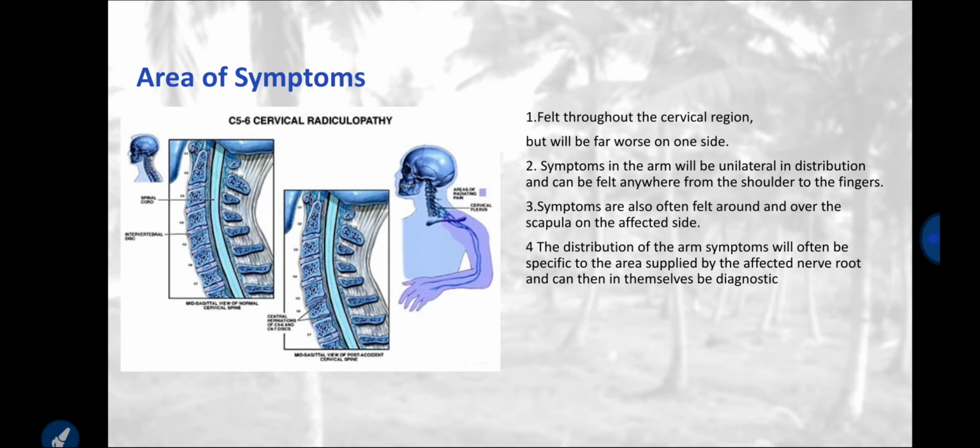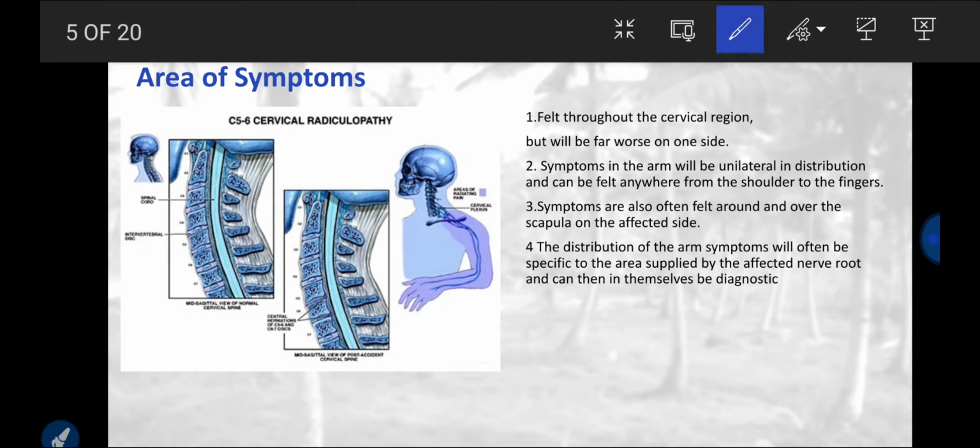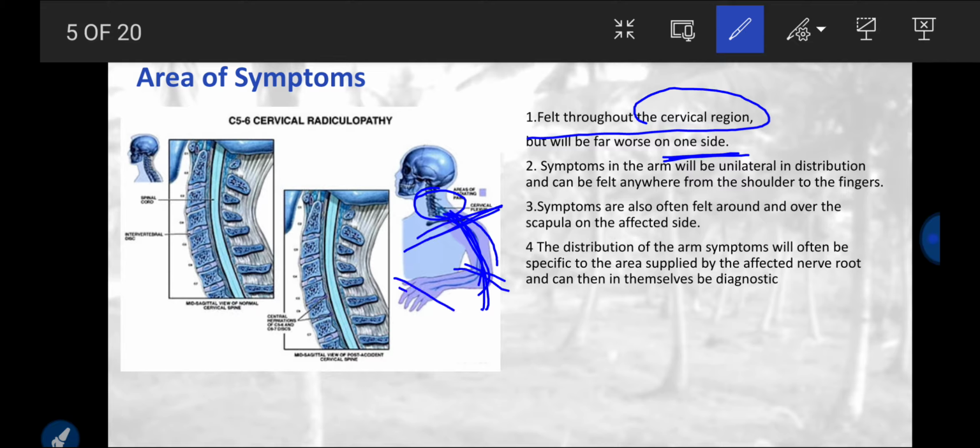And next is the area of symptoms, which is very important. Symptoms are felt throughout the cervical region but are far worse on one side. Cervical region and one side pain. Symptoms in the arm will be unilateral in distribution, one side only, and felt anywhere from the shoulder to the fingers. Symptoms are also often felt over the scapula on the affected side.